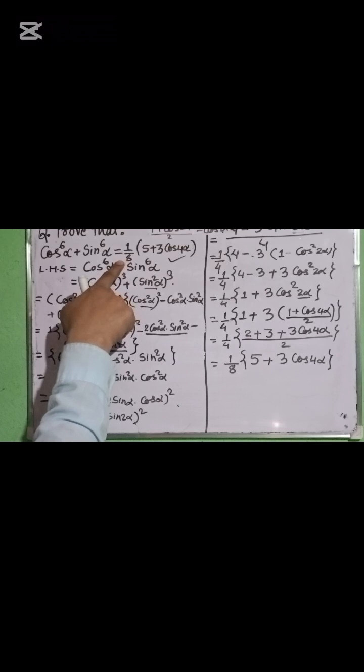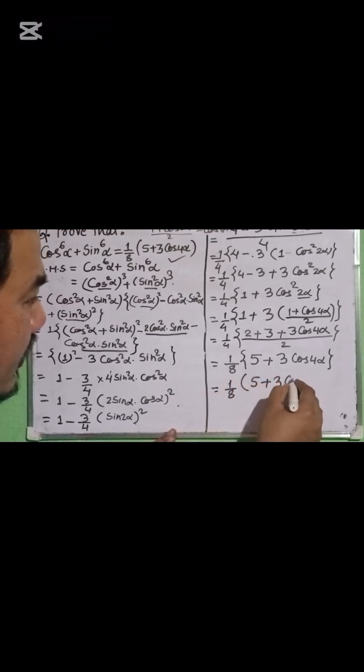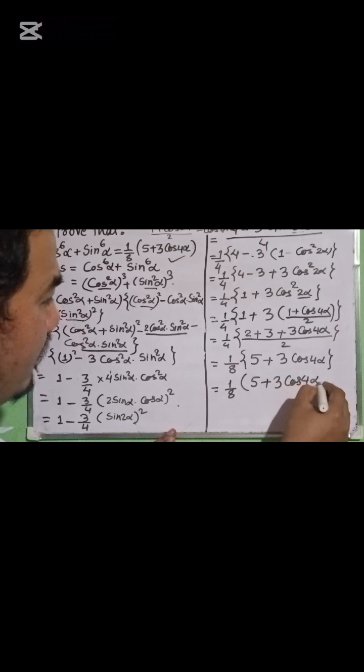Okay. See here the result now. This result and this result, same or not? Yes, it is same. Now we can write it 1 by 8, then we can use a small bracket 5 plus 3 cos 4 alpha. This is our right hand side.